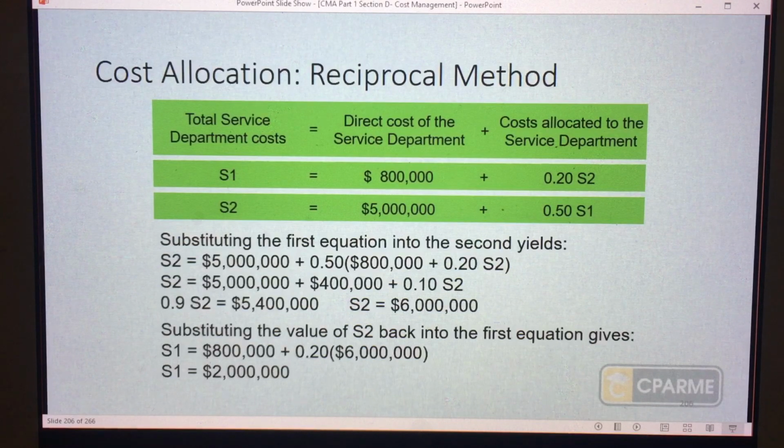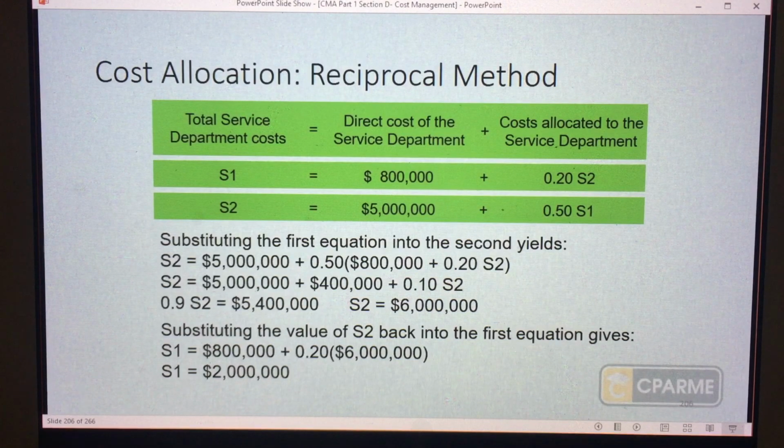So first, you substitute the first equation into the second equation. So that's effectively 5 million plus 50% of S1, where S1 is equivalent to $800,000 plus 0.20 S2.